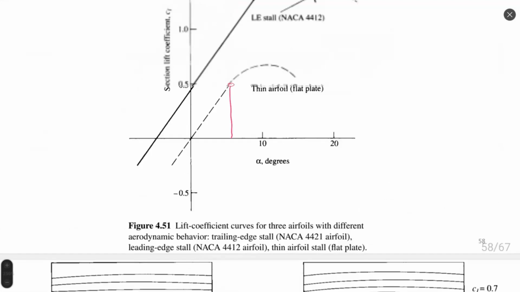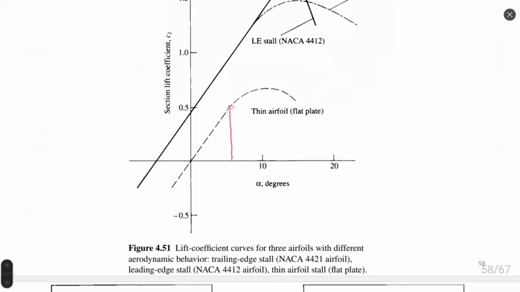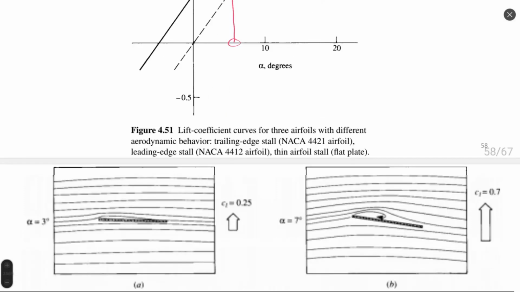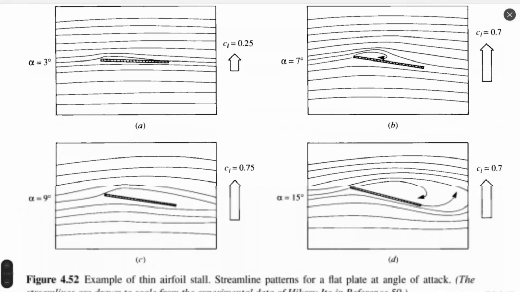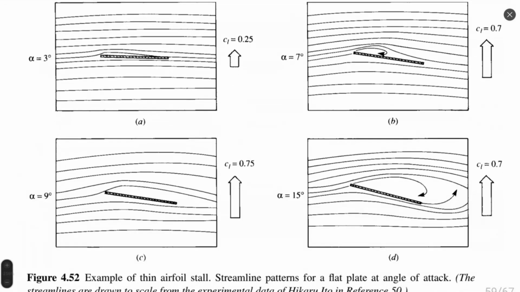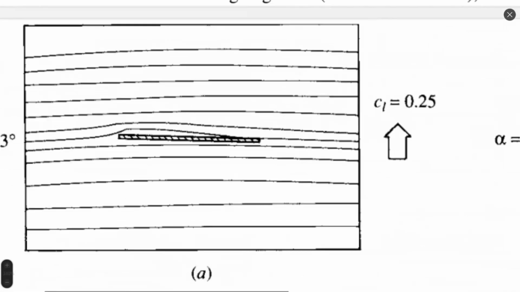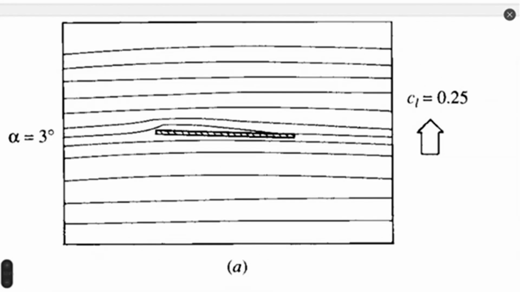You see, I put this vertical line somewhere between 0 and 10, so maybe it was 5, 6, 7, somewhere here. And on the next picture, we already see that the flow separation happens already at 7 degrees. But I think it also happens before 7 degrees. So what we have at a small angle of attack, like 3 degrees, lift coefficient is extremely small. But the problem at this point is this leading edge.